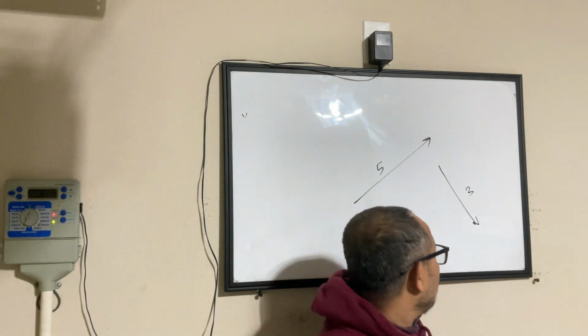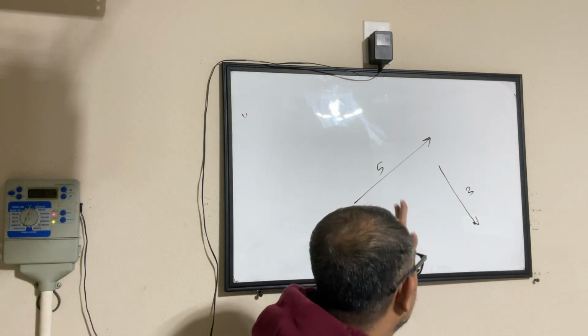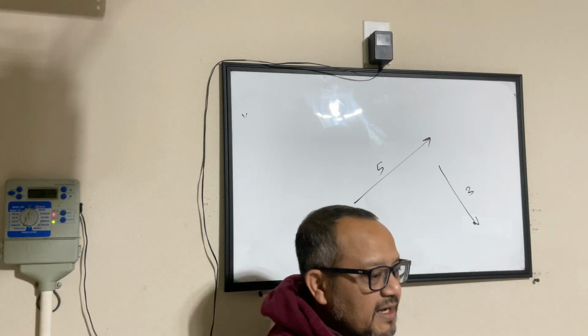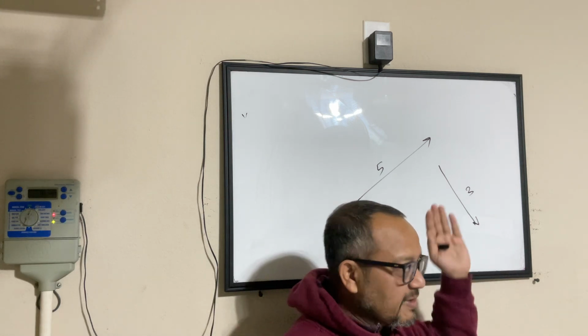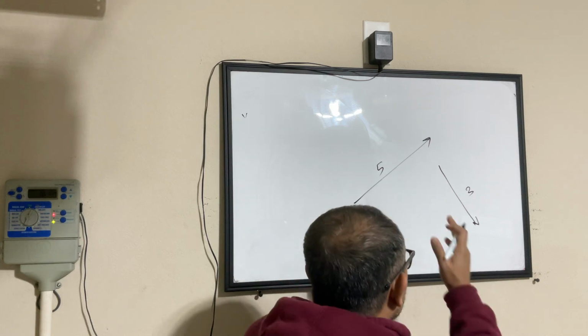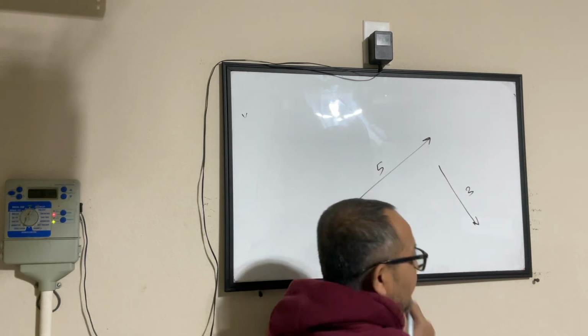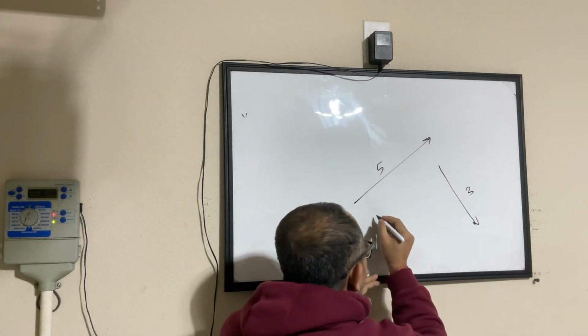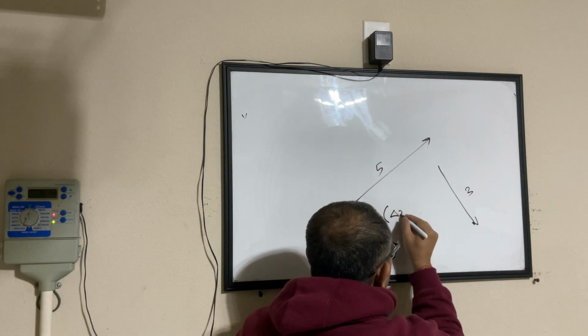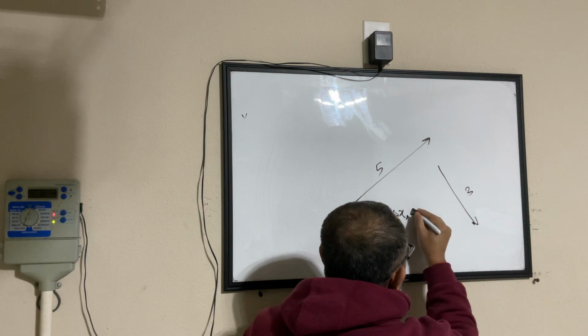So just to help you guys recall, if I'm talking about vector A and vector B, every vector has two parts to it. One is magnitude and one is direction. So this is the direction and this is the magnitude. Or you can always look at any vector A, breaking it down as the x component and the y component.